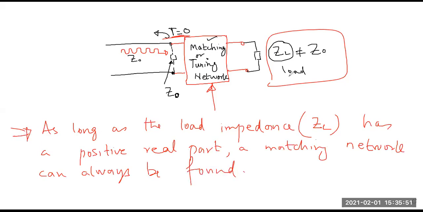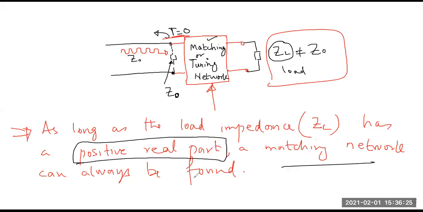If your load is mismatched and you want to match it to the transmission line, you need to find out whether the load has some positive real part. Generally, load is represented by ZL, and ZL is a complex number. It has a real part as well as an imaginary part. So if ZL has some positive real part, irrespective of whether it has some imaginary part or not, you can always find a corresponding matching circuit for it.